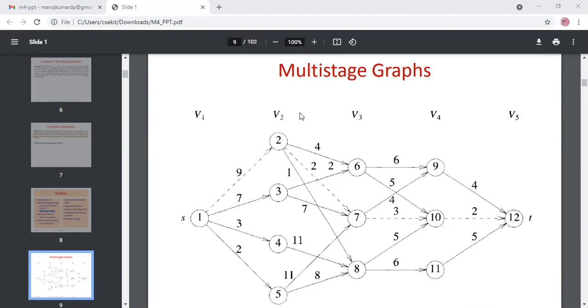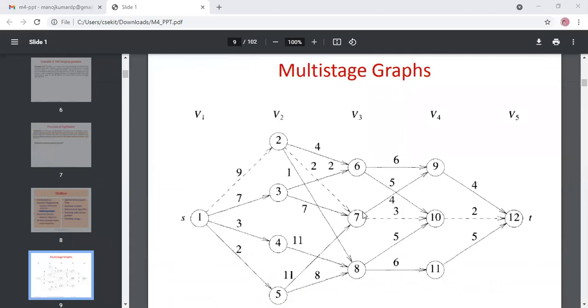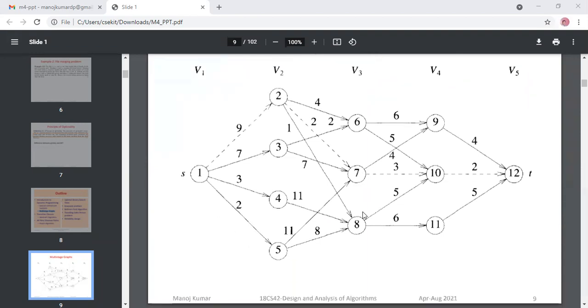You can tell V1, V2, V3, V4, V5 are the vertices. So stage 1, stage 2, stage 3, stage 4, stage 5, 6 and 7. So this is the multi-stage graph we have taken. So how are you going to use this multi-stage graph? That we shall see.